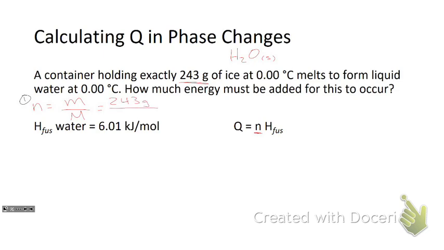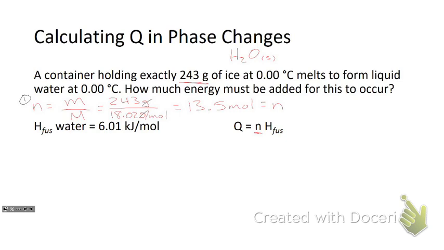And the molar mass of water, which we calculated last slide, is always going to be 18.02 grams per mole. When you do this, your grams cancel. And how many moles do we have? 13.5 moles, and that is our n value.